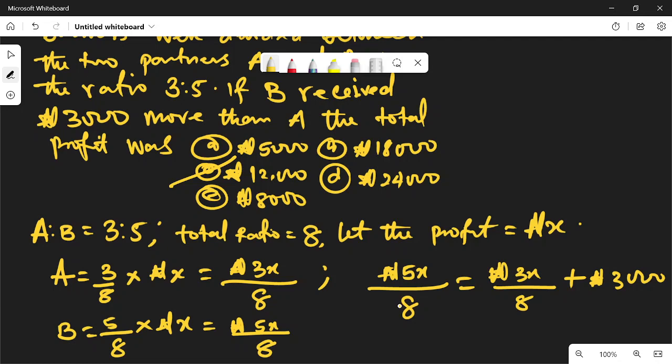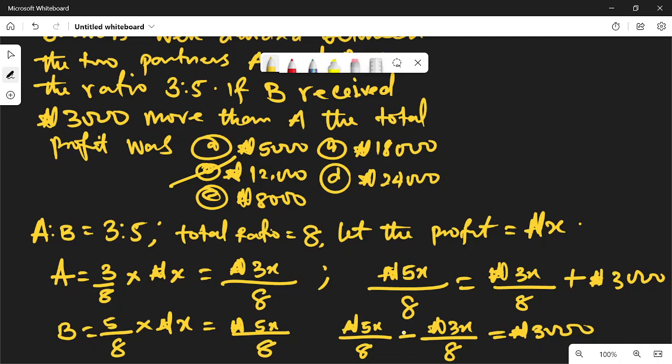Instead of finding the LCM here, let us take this one to the other side, so we have 5x naira divided by 8 minus 3x naira divided by 8, and that will equal 3,000 naira.